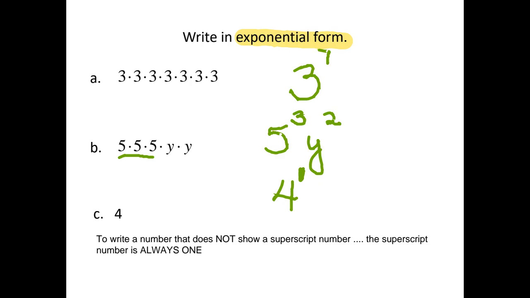And now here comes the third part. This is asking you to evaluate. Now, I do want you to know that sometimes it will say simplify each expression. The words simplify and evaluate are going to mean the same thing.